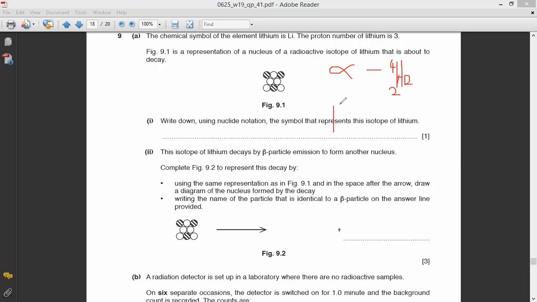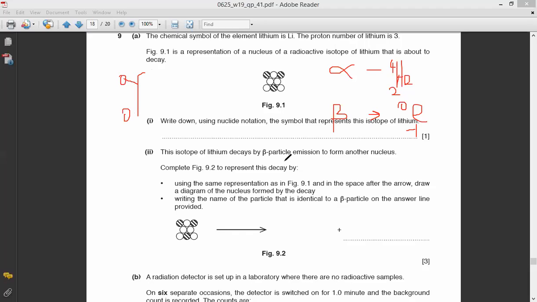Beta emission, you most times see it like this: 0, no mass number, and a -1 charge. Gamma, most times you see it as 0, no charge, nothing. So these are the emissions we have.